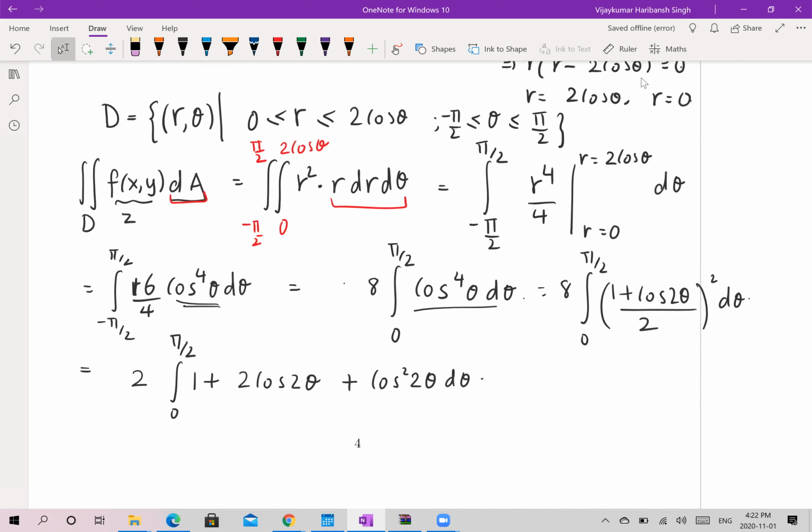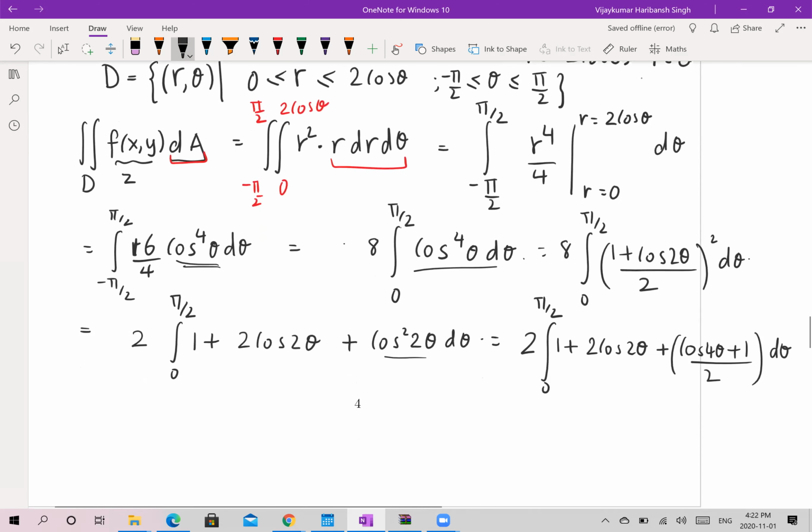Right, and now again we need to convert this into a double angle. So we have 2, 0 to pi by 2. Now it's all mechanical, one-dimensional integration, right? So we have 1 plus 2 cos 2 theta plus cos squared 2 theta, which is cos 4 theta plus 1 divided by 2, d theta. Now let's integrate this.